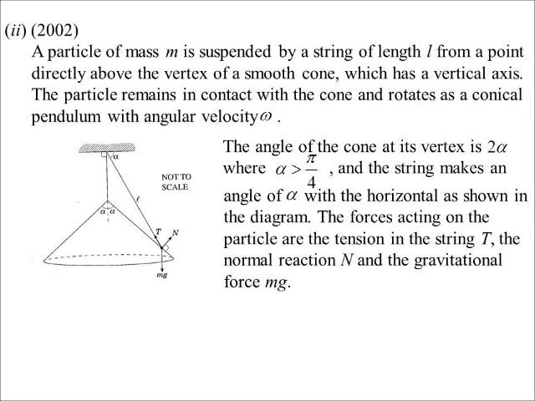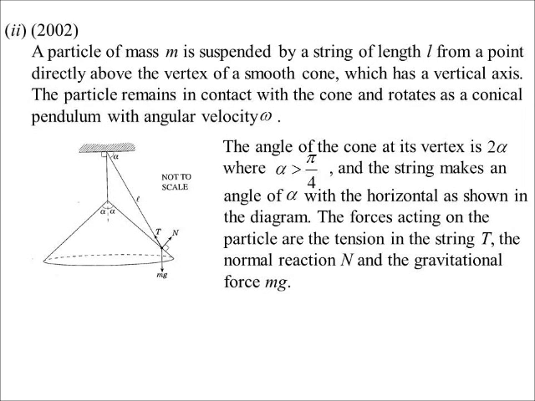A particle remains in contact with a cone and rotates as a conical pendulum, angular velocity omega. They've given us some angles here. The angle of the cone at the vertex is 2 alpha, and alpha, we're told, is greater than pi on 4. String makes an angle of alpha also, with the horizontal, they've given us the angle there.